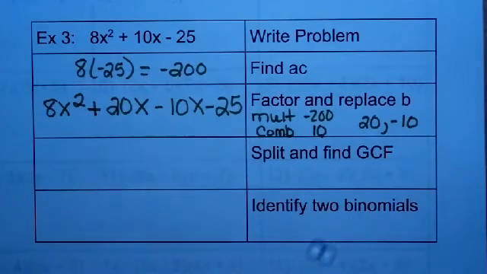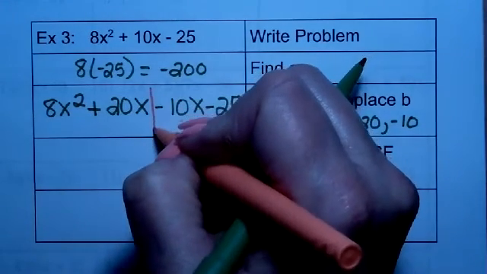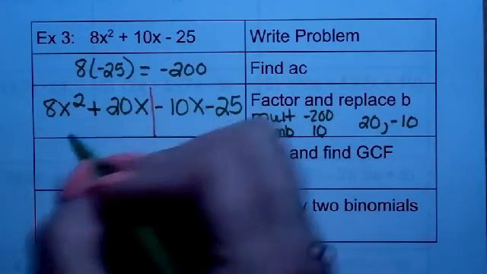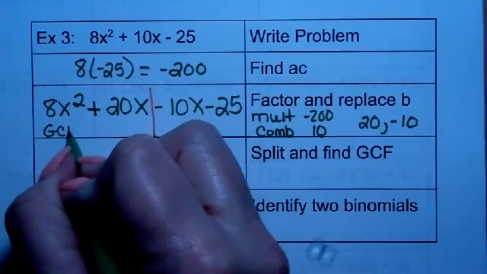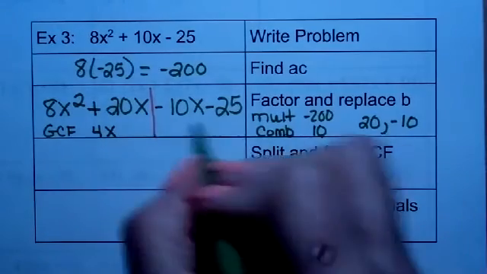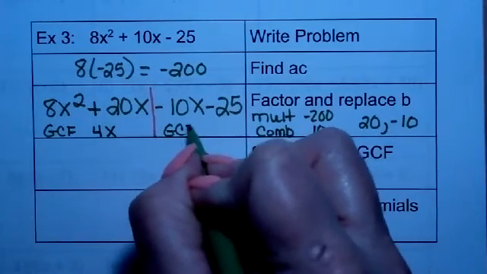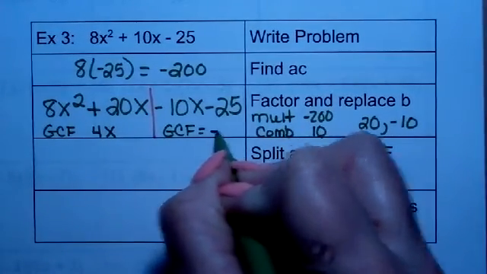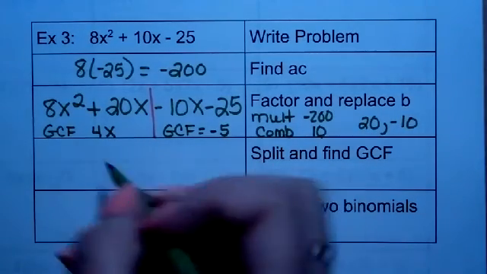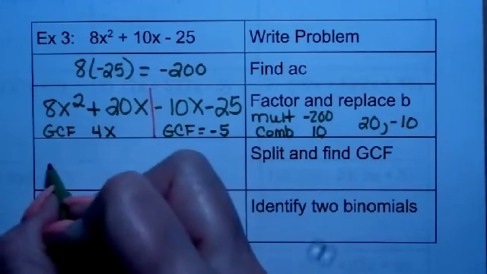The next thing we're going to do is split that right there in half. Okay. My GCF over here is going to be 4x. My GCF over here is going to be negative 5. Okay. So let's factor this out and see if this works.